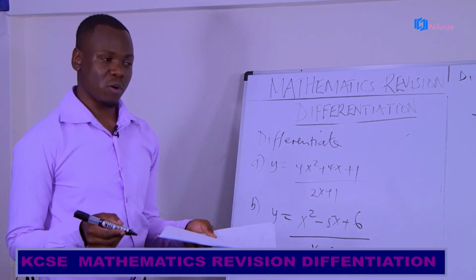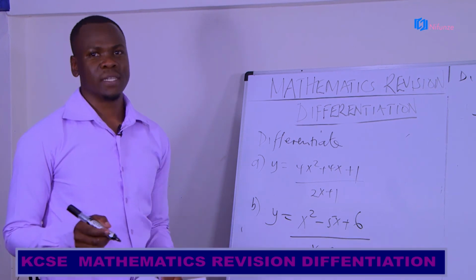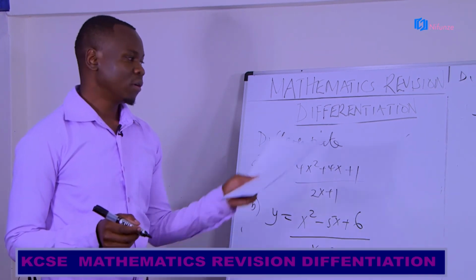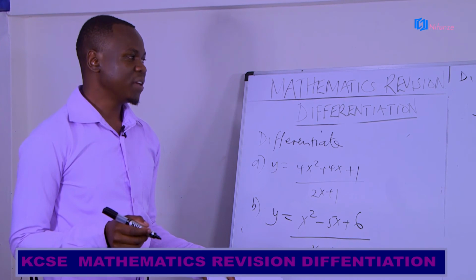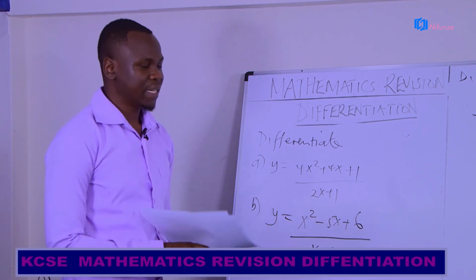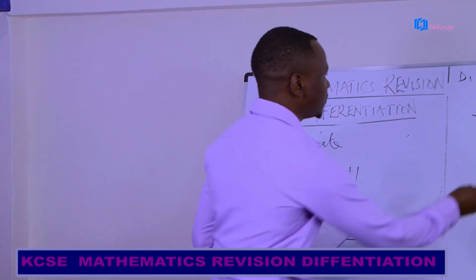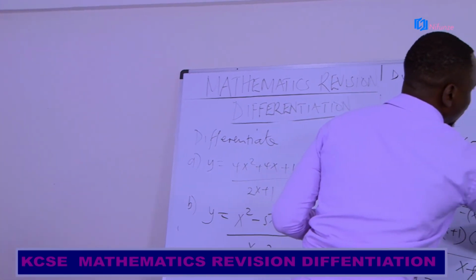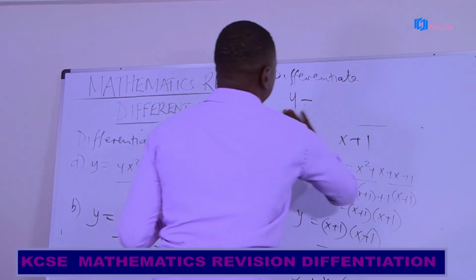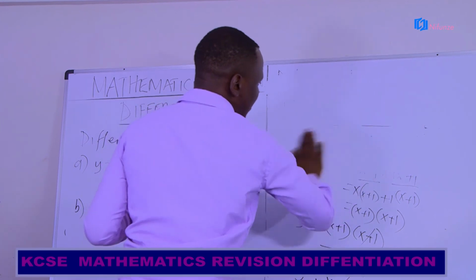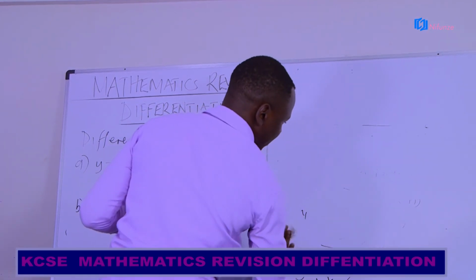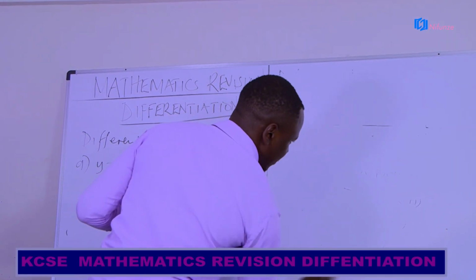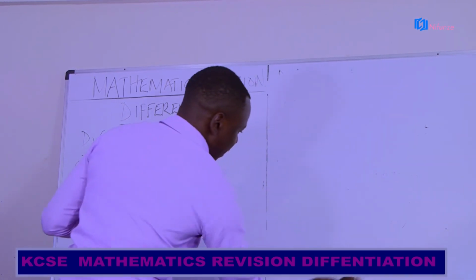Those are some of the concepts that you need, as we have said. So in brief, we have learned today that differentiation is the process of finding the gradient function of a curve by using the formula dy over dx is equal to nx raised to power n minus 1.